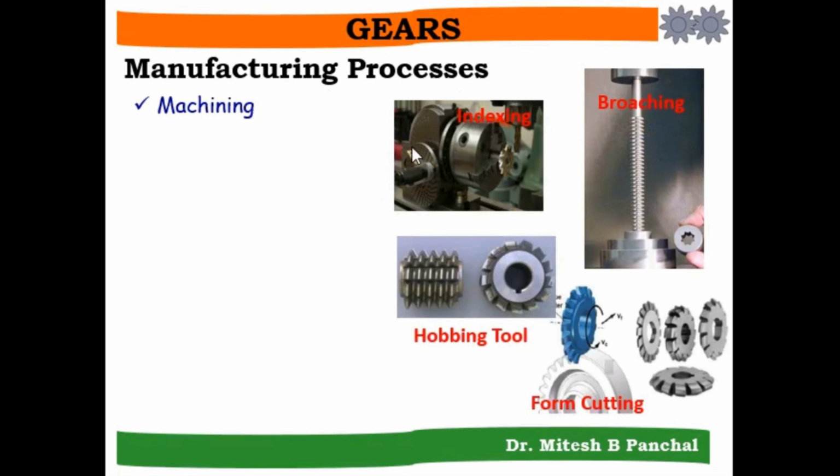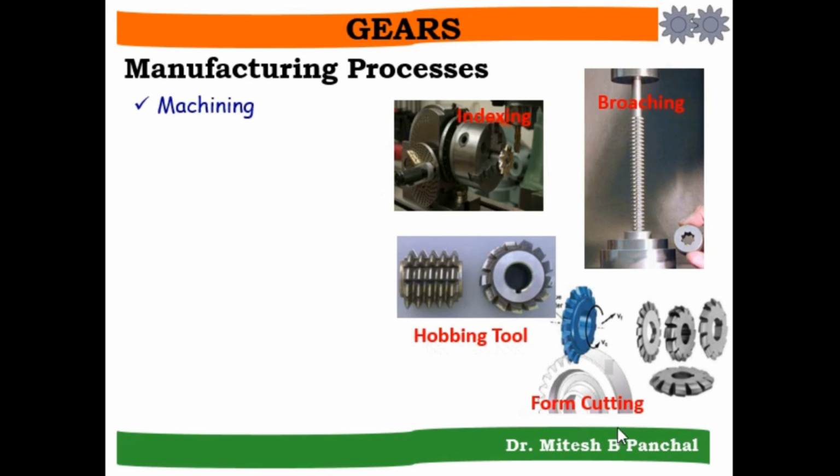We can also have broaching, which uses a multi-cutting-edge tool like this long rod, used to make internal gear teeth. Also, a hobbing tool can be used to manufacture gears.